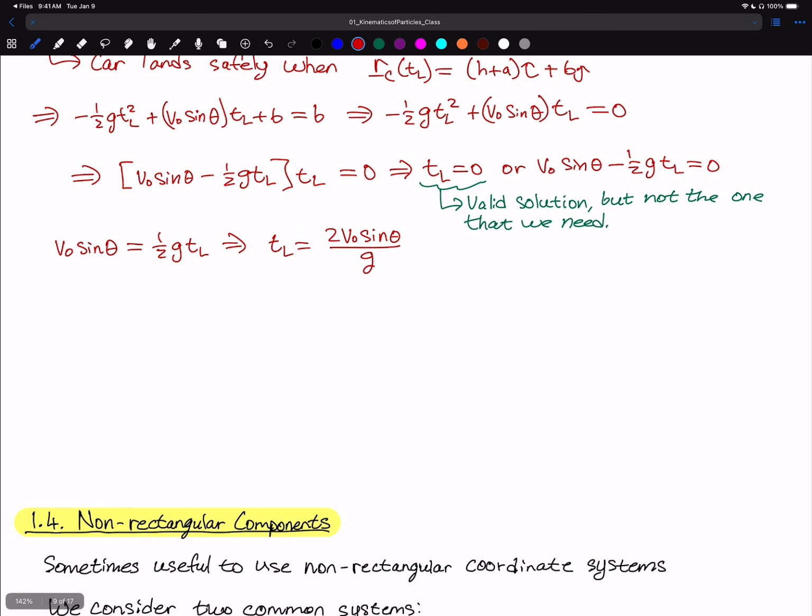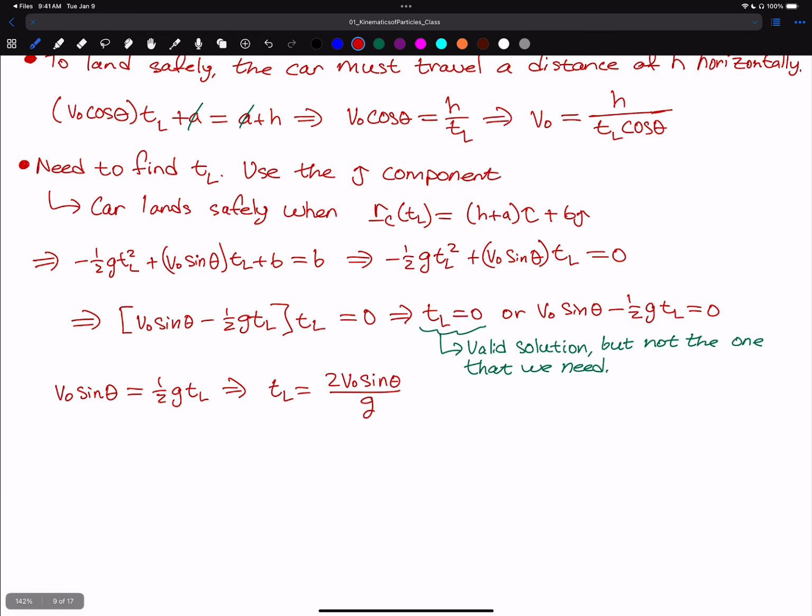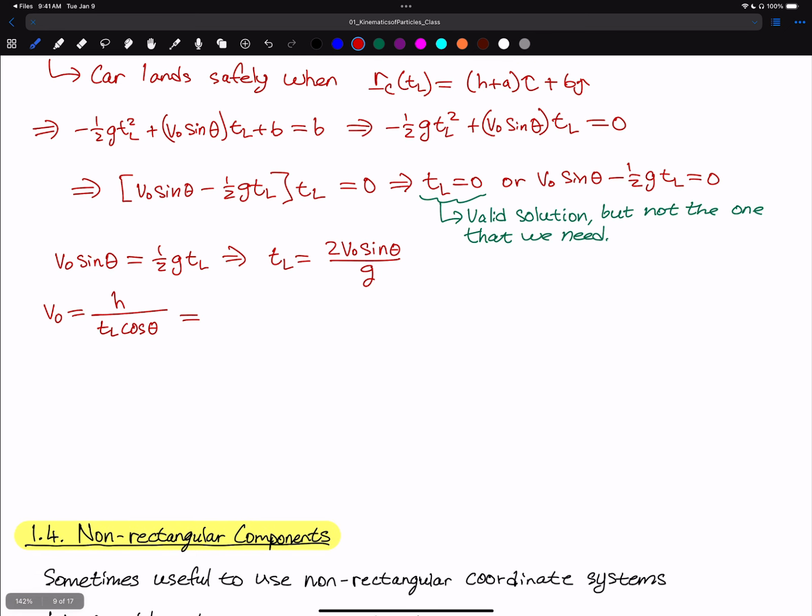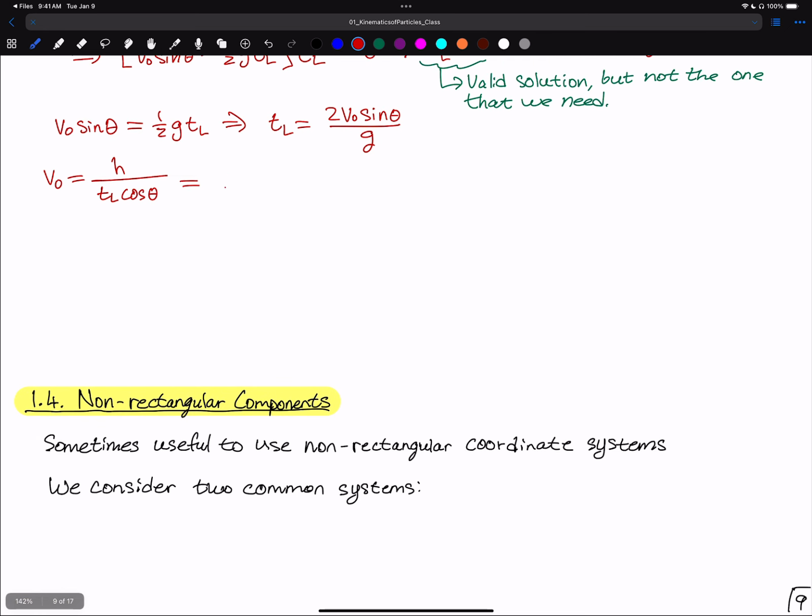Okay, let's go back and write down what v0 was. So v0 is equal to h over TL times the cosine of theta. And we're now going to plug in for TL. So we're going to get h times g divided by 2 v0 sine theta cosine theta.